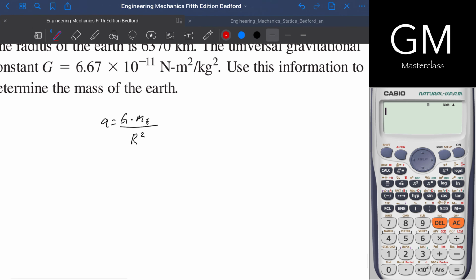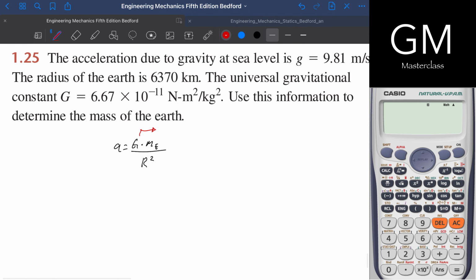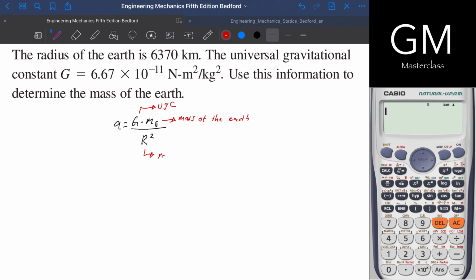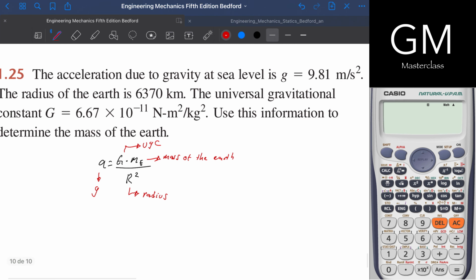This G is the universal gravitational constant. This m(e) is going to be the mass of the Earth. This r is the radius of the Earth, and this a is an acceleration, which is the acceleration due to gravity, which is this one.